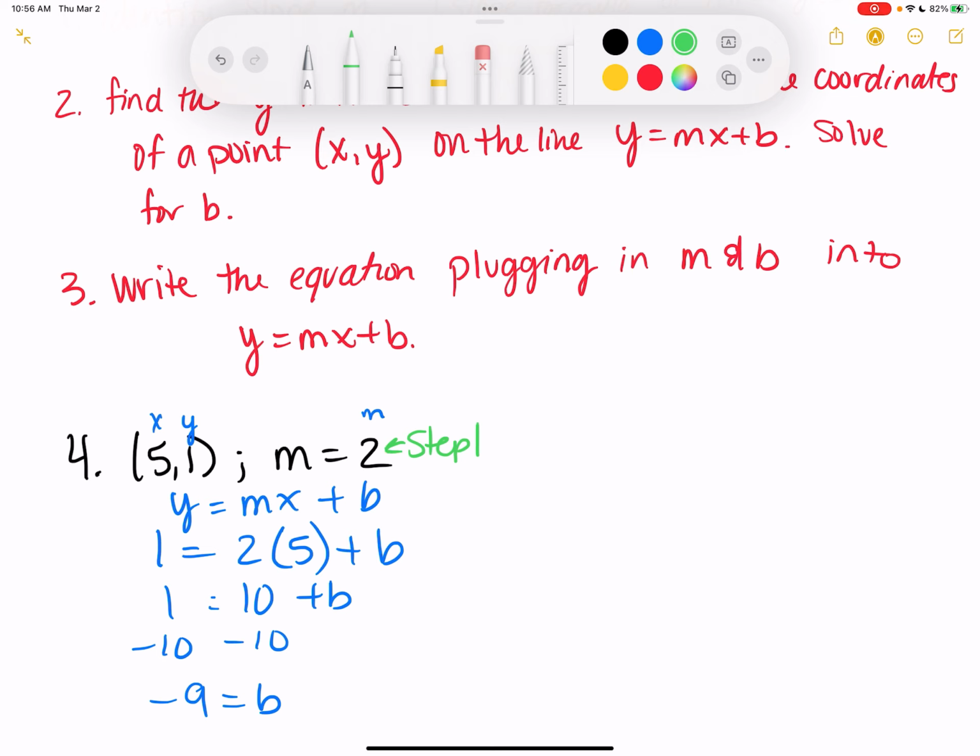Then on to step 3. We write the equation as y equals 2x, and normally it's plus b, but since this is a negative number, it's going to be minus 9.